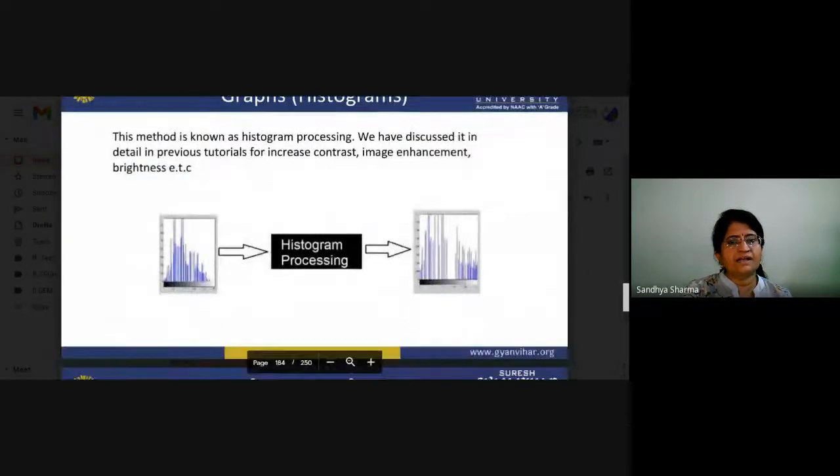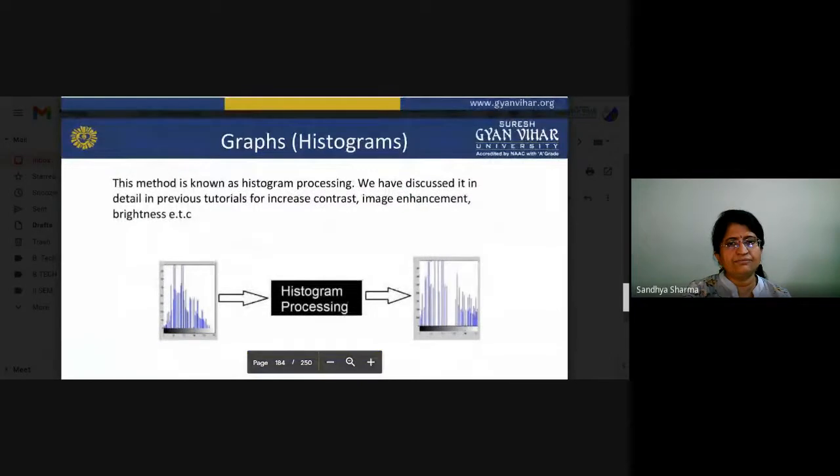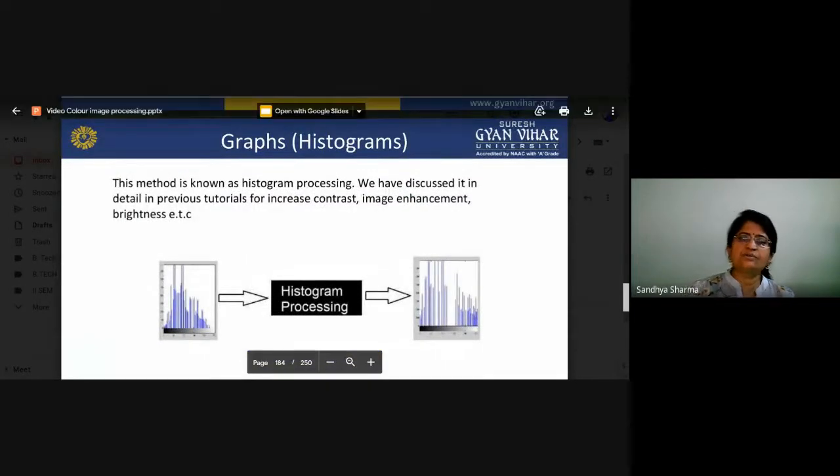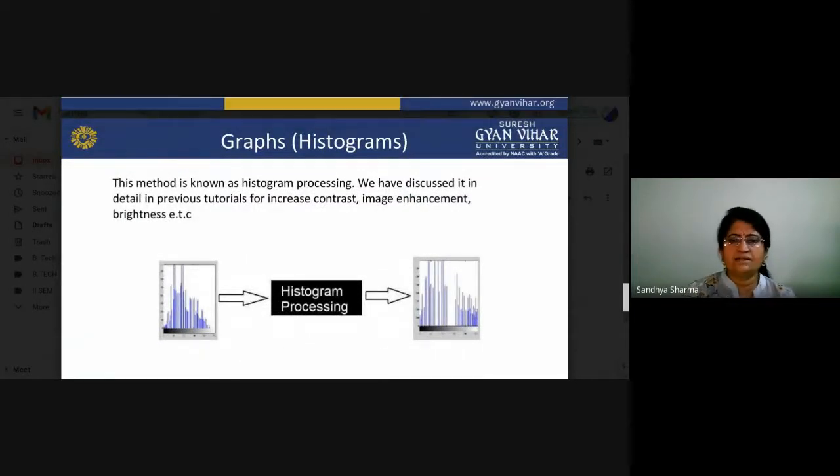So there is again a graph. Histograms: this method is known as histogram processing, and we have discussed it in detail in previous slides for increasing the contrast, image enhancement and brightness.